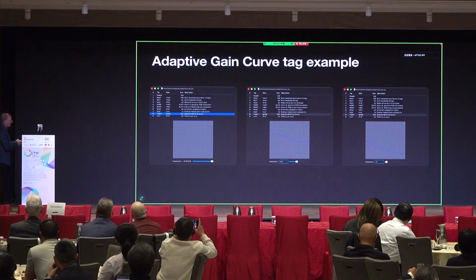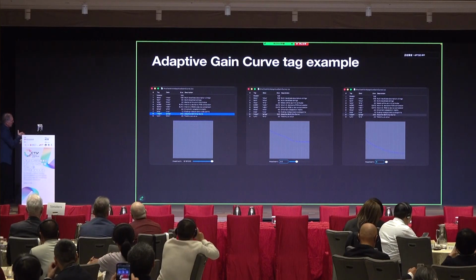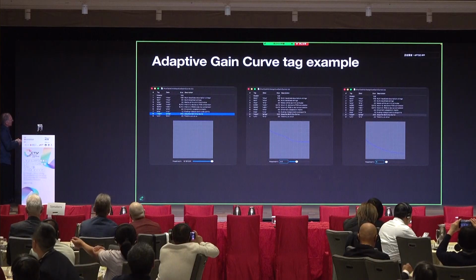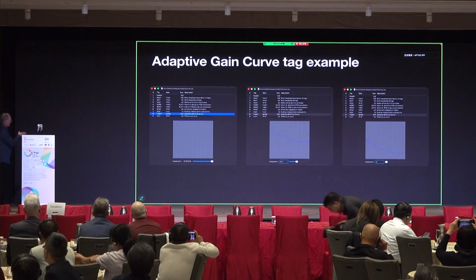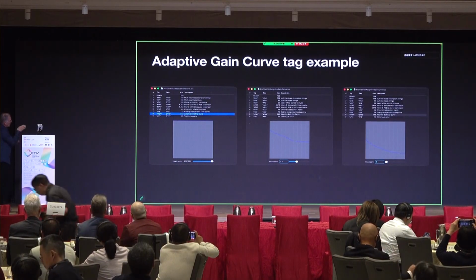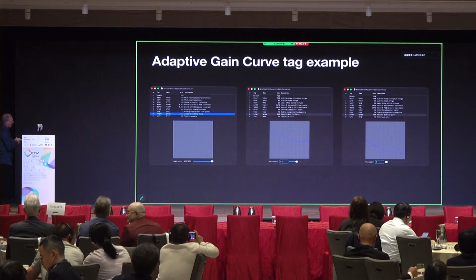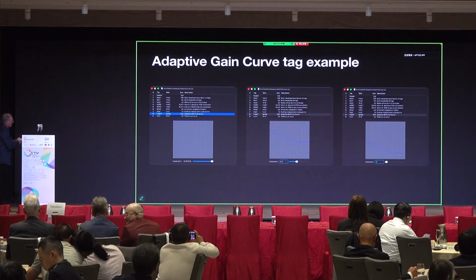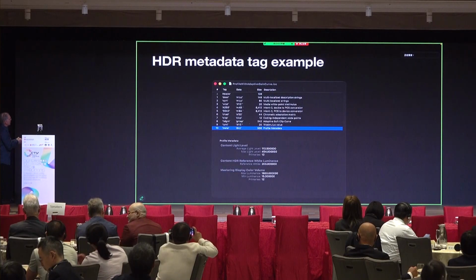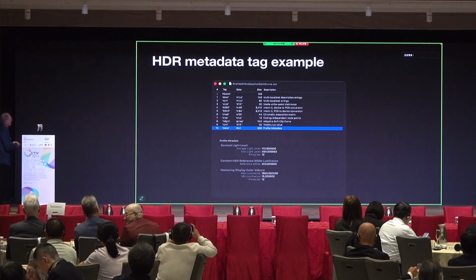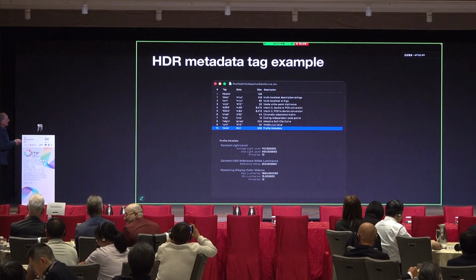I can specify the target headroom that I want to address, and here's a utility on an existing Mac, which shows you that if I don't do anything, my gain curve maintains the level of gain as is. If I specify curves, there is data that can be maintained.